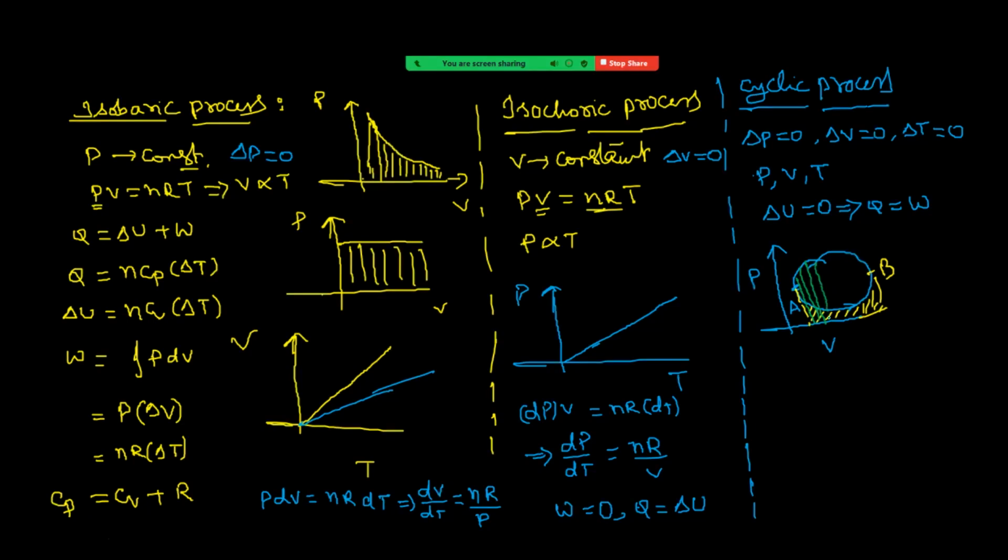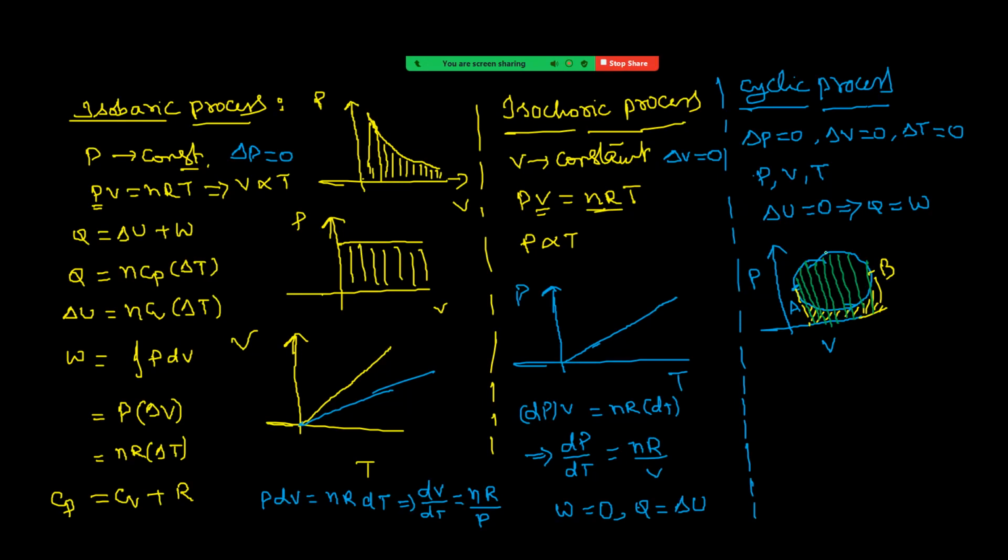So when you take the complete cycle, you can see the overlapped region, that is nothing but the area below A to B. This green part and yellow part both will cancel because one is plus and one is minus. Remaining is only the area confined inside the graph.